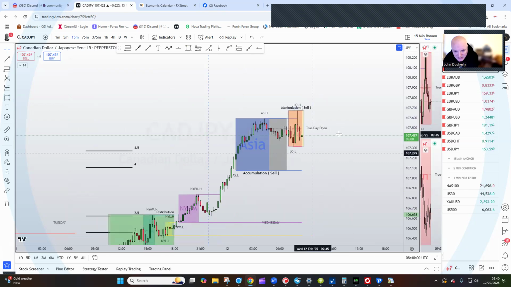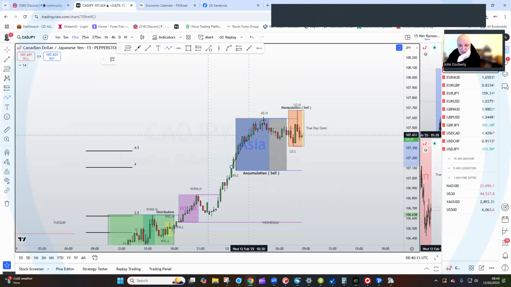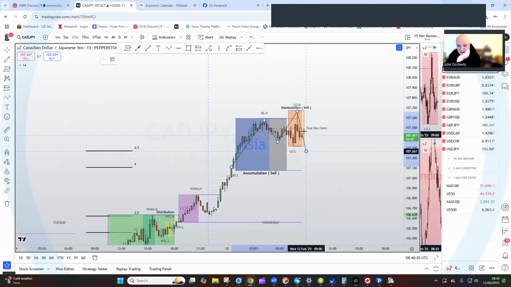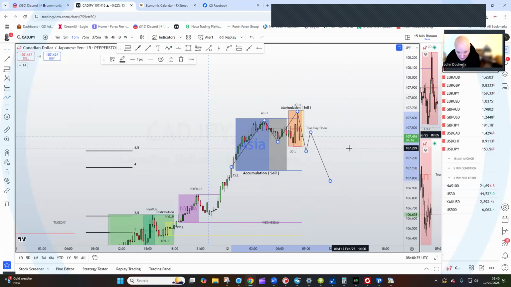Where price is at the moment, we're looking for an FVG to form. As price came up and came out, it manipulated out the accumulation. We need to see something deliver with an FVG here and then a continuation down.